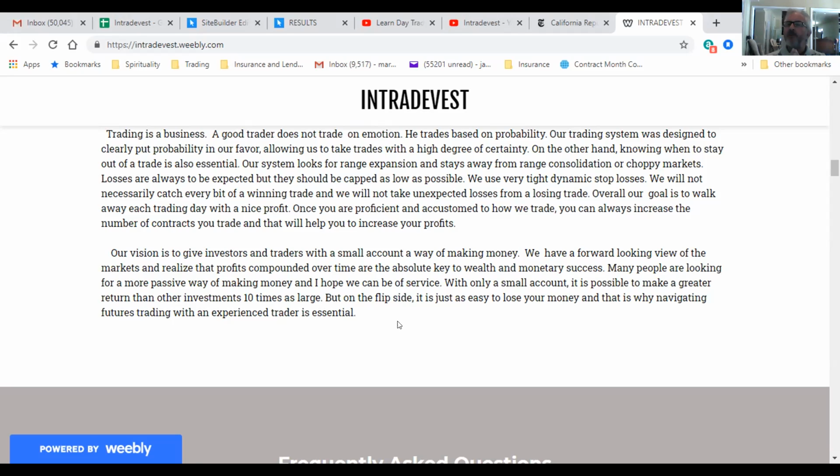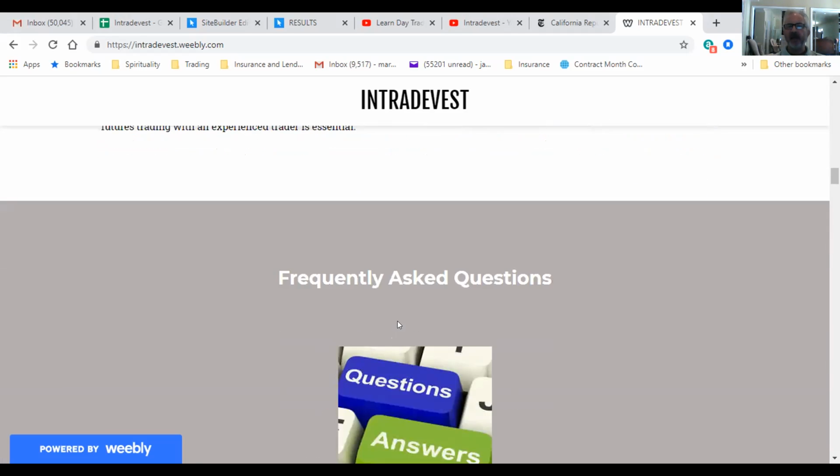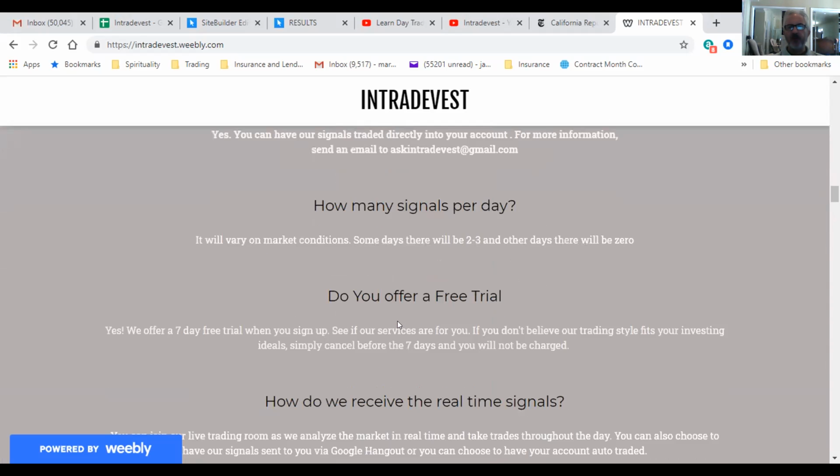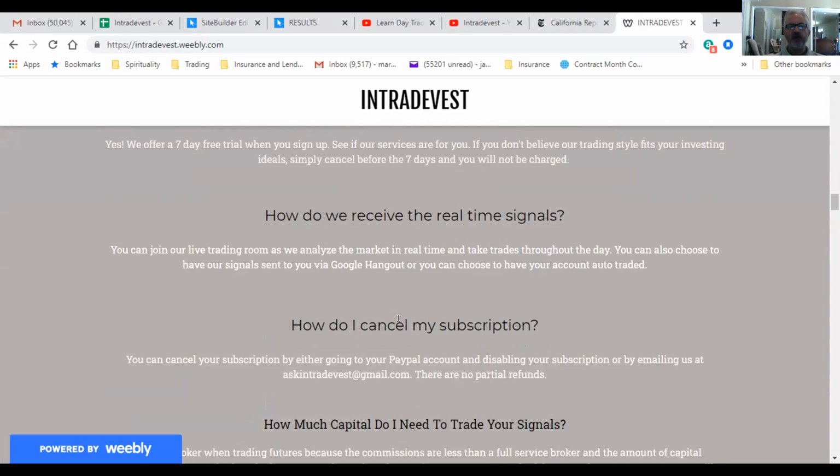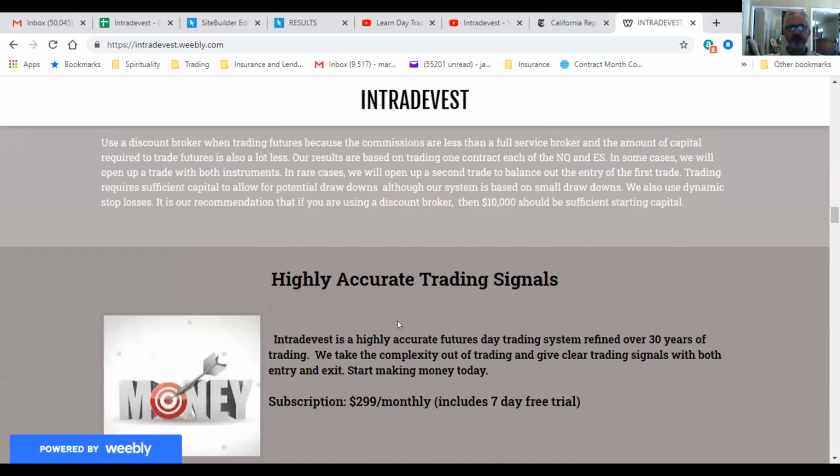So with a small futures account, and we recommend about $10,000 to trade our system, you could be making more money trading a $10,000 account with our futures system than, let's say, a $100,000 stock trading account or S&P account. There's a lot of leverage in futures. So if you trade it correctly, you can do extremely well.